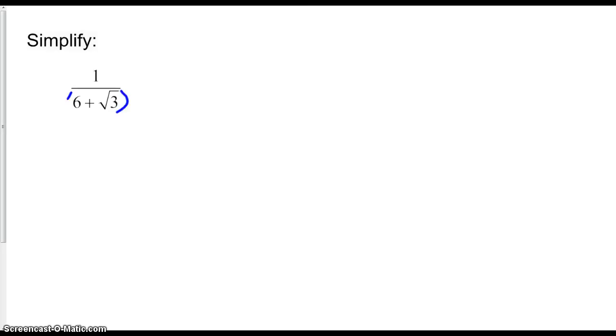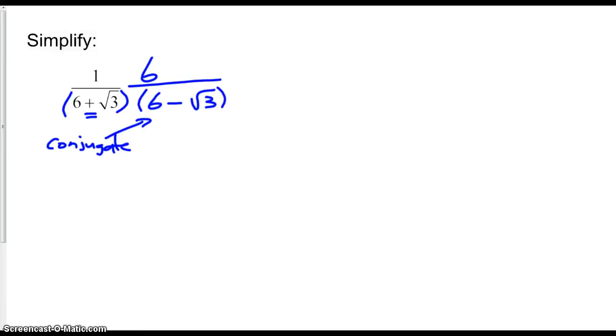What we're going to do is form something called the conjugate. The conjugate is formed by copying the 6 and copying the square root of 3 and changing that sign. If it's a negative, make it a plus, and if it's a plus, make it a negative. So we'll make it a negative. And again, because I'm trying to multiply by 1, I have to multiply the numerator by that as well. So what do I get if I multiply this out?